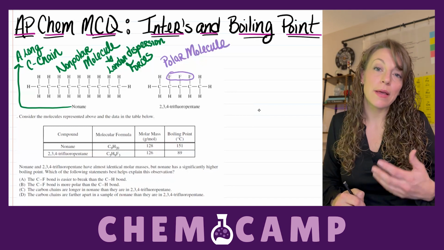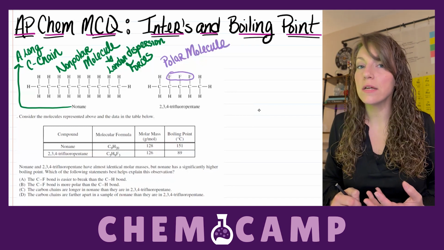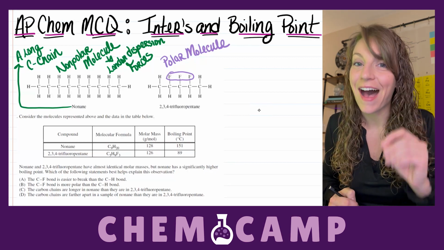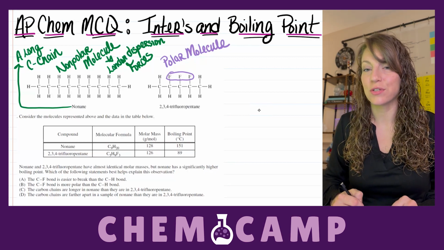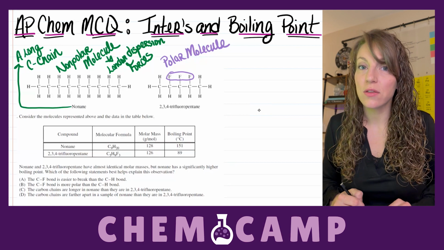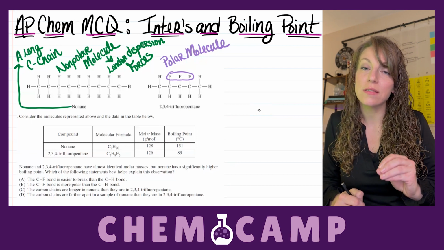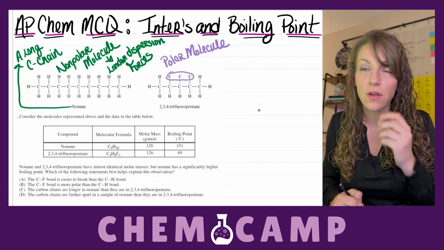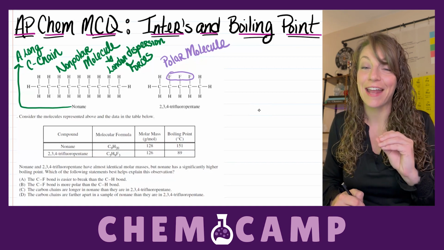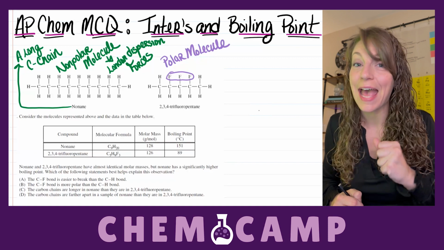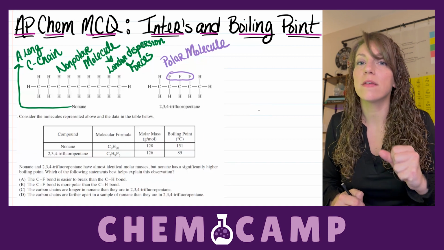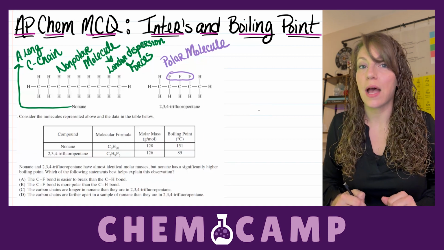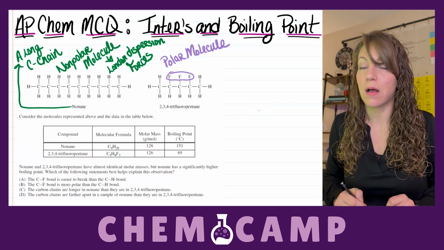Not only that, but because you've got fluorine involved here, there's always the potential for hydrogen bonds as your intermolecular forces. Except with this particular molecule, those hydrogen atoms aren't directly bonded to a fluorine atom, so it doesn't have the ability to form hydrogen bonds between different molecules.